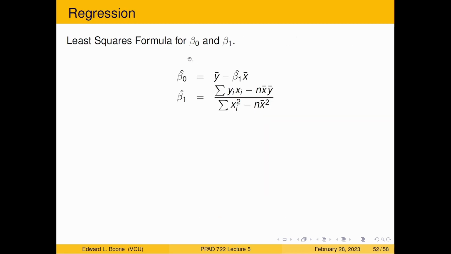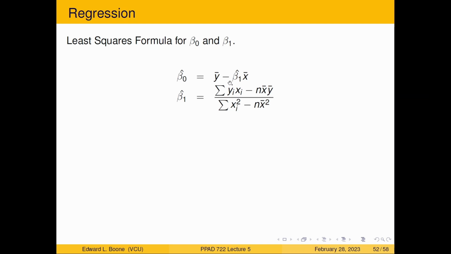All right, so here's our least squares formula. I'm not going to show you how to come up with them, but if you were to try to do this by hand and you have some data, you have some y and you have some x's, you can calculate y bar, x bar, you can calculate yi times xi and xi squared, and you can calculate this by hand.